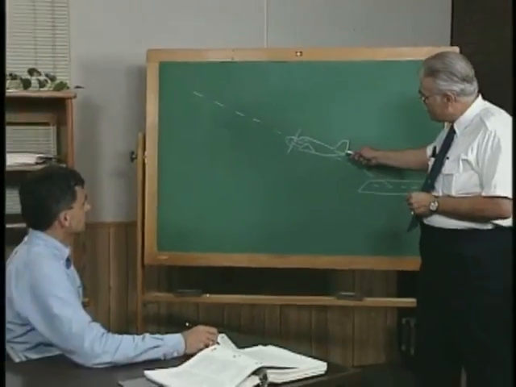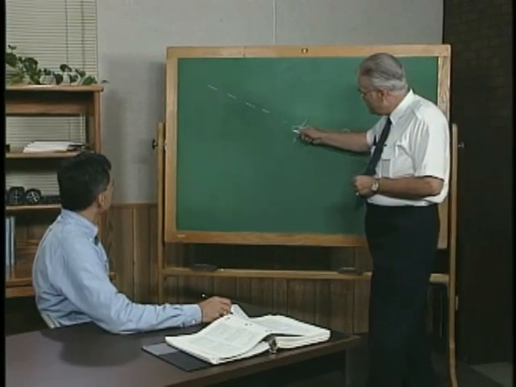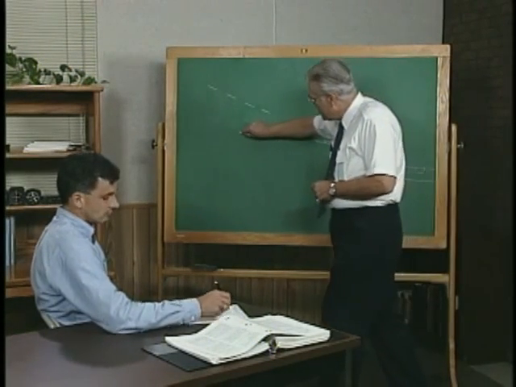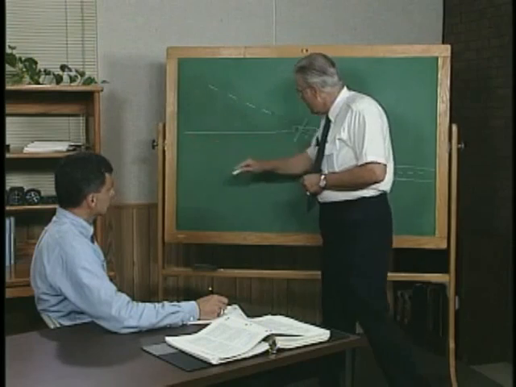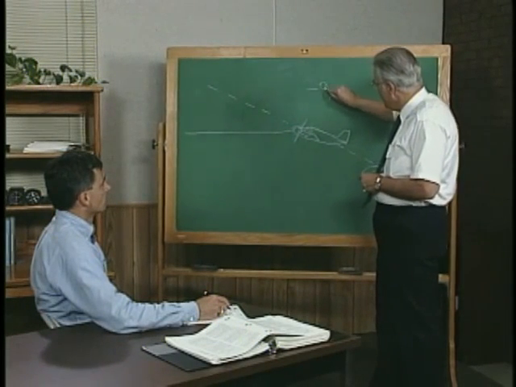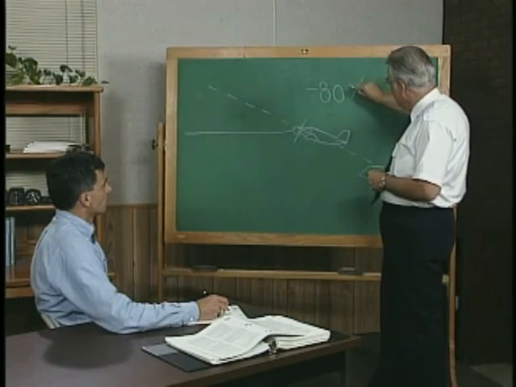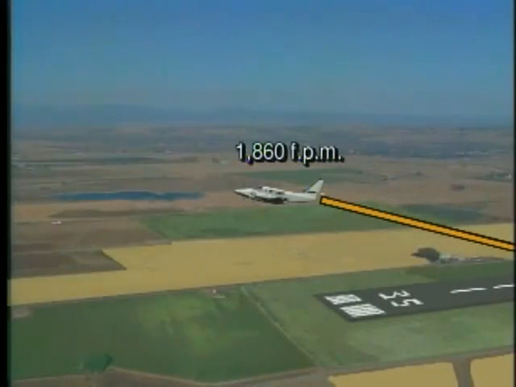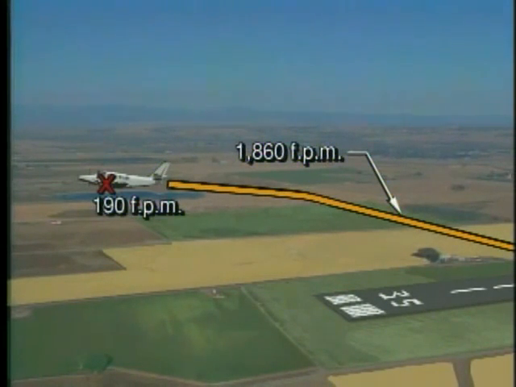The pilot needs detailed knowledge of the many variables that will affect controllability in an engine-out situation. Explain that controllability is not the only concern when an engine quits. Climb performance is drastically reduced in an engine-out situation. Point out that an airplane can lose 80% or more of its performance after an engine loss. For example, if a particular light twin climbs at 1,860 feet per minute with both engines operating, it may climb at only 190 feet per minute on one engine.